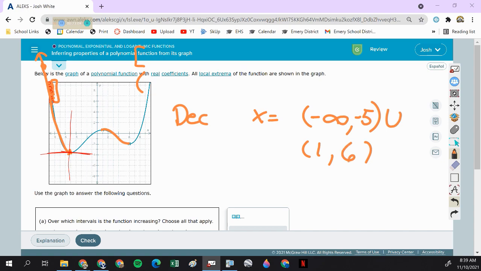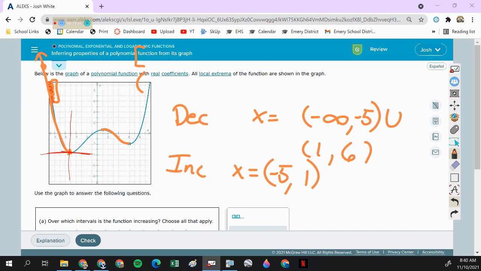Okay. How about increasing? When are you going uphill? From -5 to 1. And neither of those are equal to, because at -5 and at 1, you are flat. Right? When you crest that hill, or when you get to the bottom of a hill, then you are going perfectly flat just for that one instant.